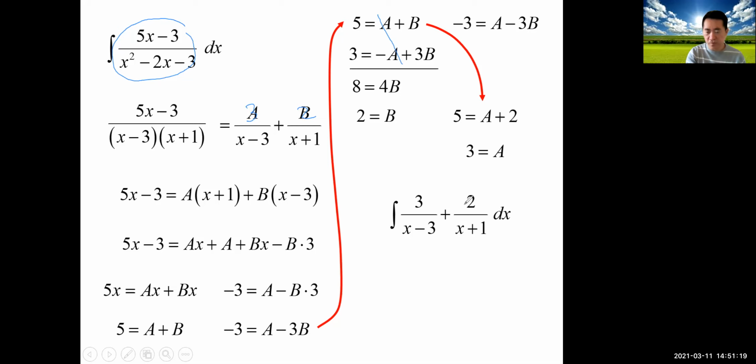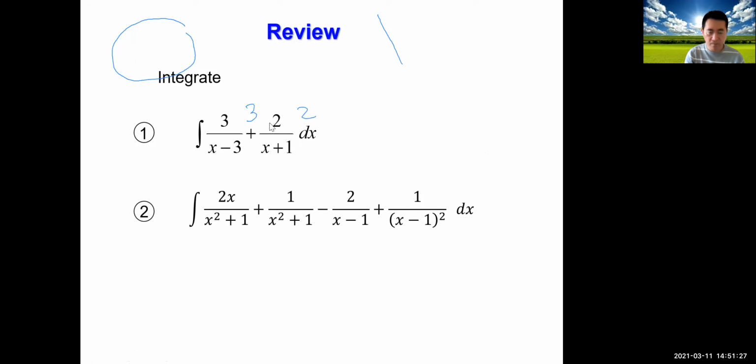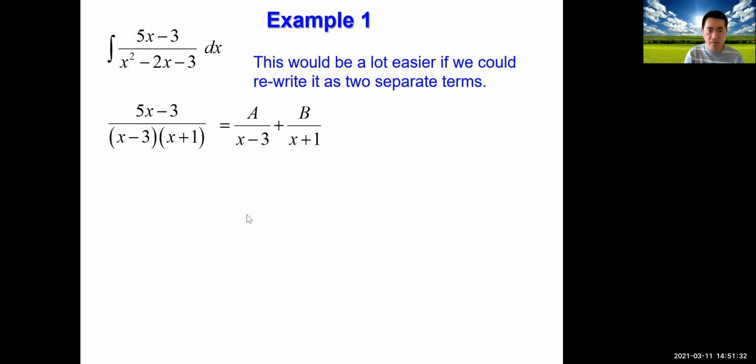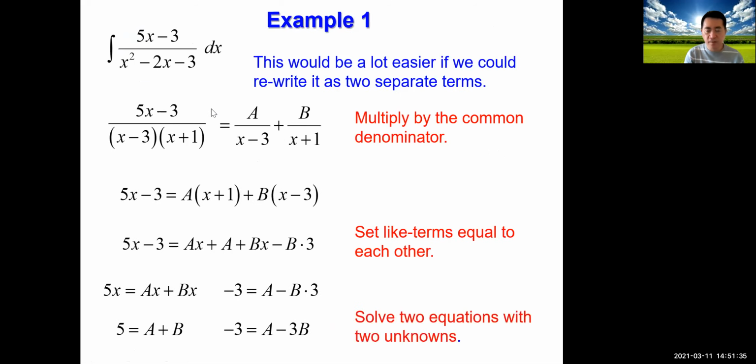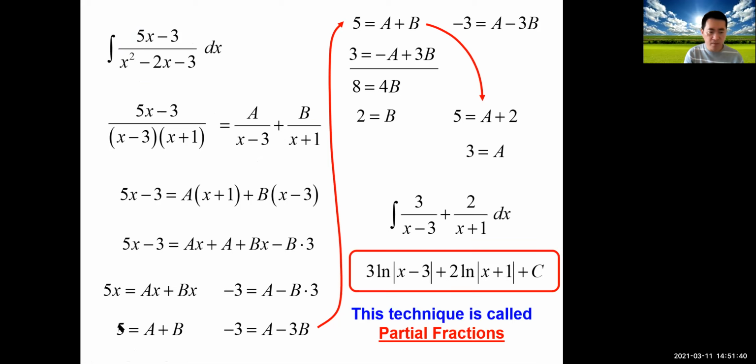This is again a u-substitution problem, and look back to the example we did earlier. It's really the very first one we did here. See that one? So we already did. It's the same problem, but after we separate them, that is the answer: 3 natural log of x minus 3 plus 2 natural log of x plus 1. And this technique is called partial fractions or partial fractions decomposition.